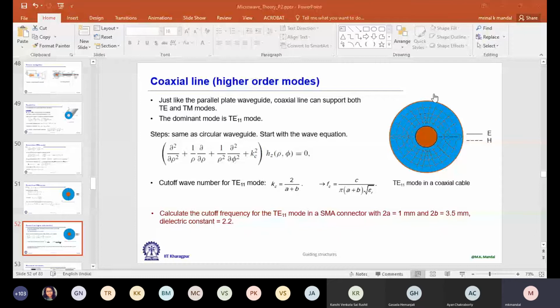Put the value of A, put the value of B, epsilon r is given 2.2. Then what is the cutoff frequency for TE11 mode? Use this expression.